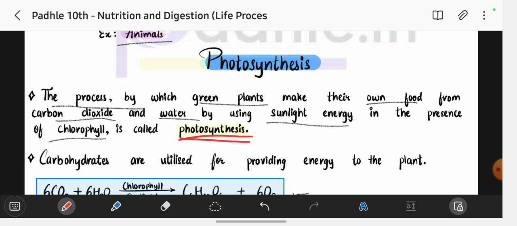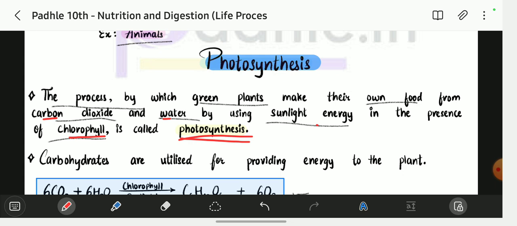So green plants make their own food with the help of carbon dioxide, CO2, water, H2O, and sunlight energy in the presence of chlorophyll. All this process is known as photosynthesis.